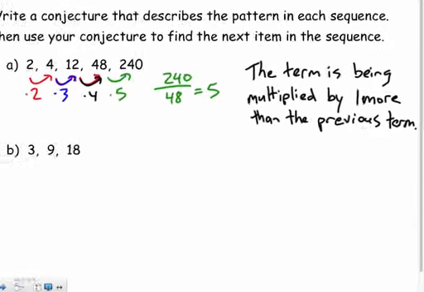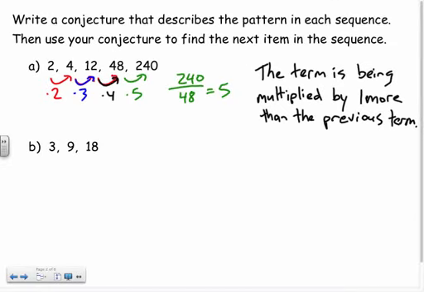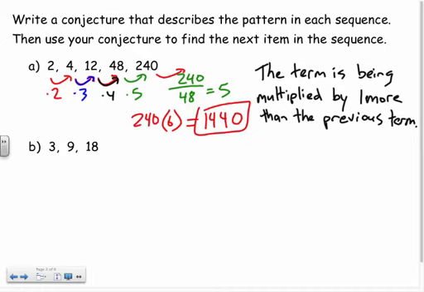Something along those lines, so let me know what's occurring. And then it says, use that conjecture to find the next item. Well, I'm guessing I would multiply by 6 next, right? Times 6. That'd be the next part of my pattern here. So 240 times 6 gives us 1440. So there's using that conjecture to find the next item in the sequence.